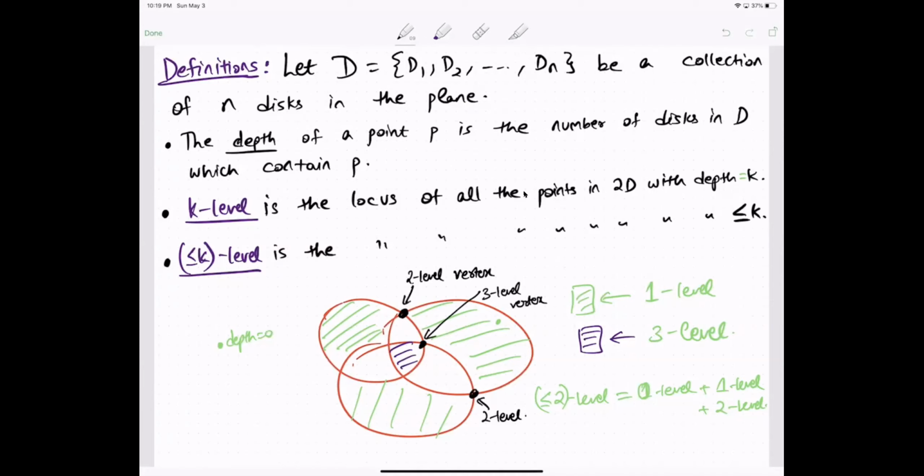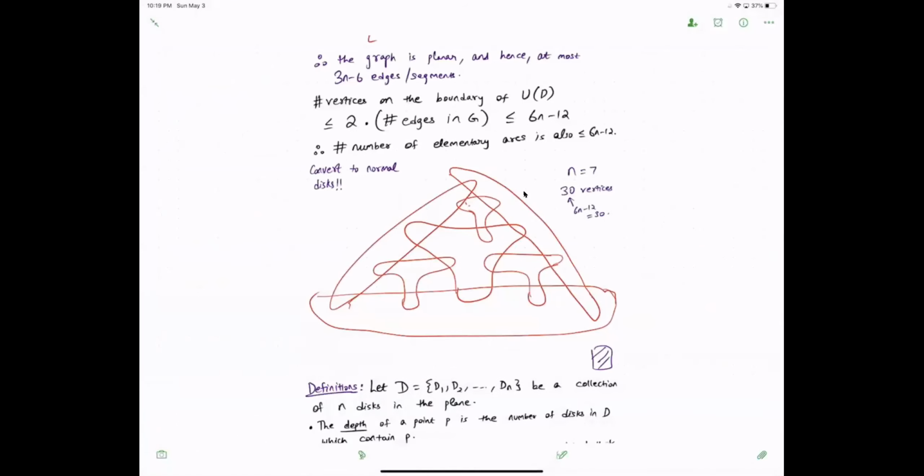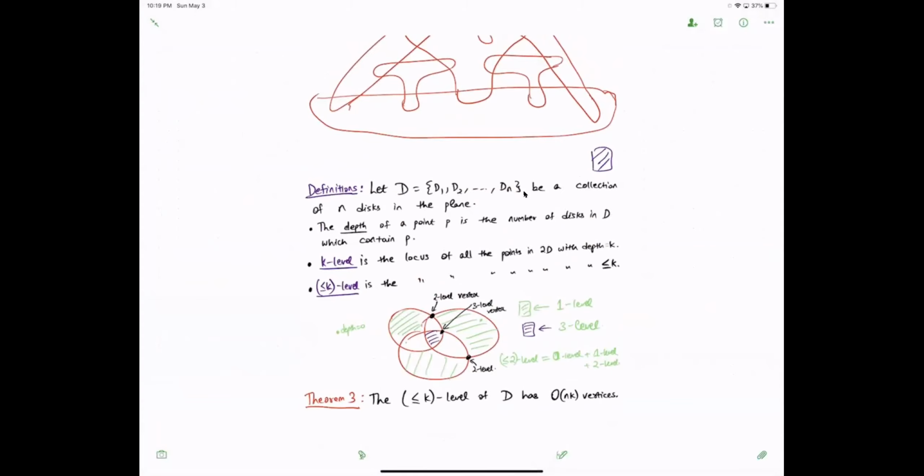So in general, you'll have many such vertices which are defined by the intersection of the boundaries of the disks, and every one will have a different level number. So you want to understand how many of them will have depth less than or equal to k. So you're basically interested in these vertices now. That's the game going forward. And you want to understand how many of them have level less than or equal to k. That's what I mean by vertices now.